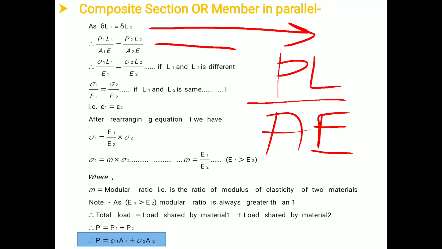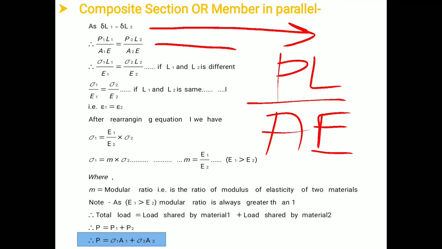This sigma value is from the relation sigma is equal to P upon A. Therefore we have this relation. But if L1 and L2 both are same, then it will get cancelled. We have the remaining equation sigma 1 upon E1, which is equal to sigma 2 upon E2. As we know by using Hooke's law, sigma upon E is nothing but the strain.